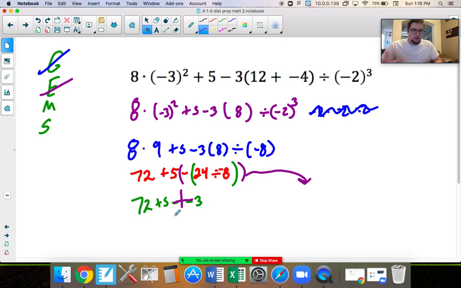Notice that it's the same exact answer. This one, we just have to remember to keep both of our symbols, which can be a little bit harder, it's kind of the technicalities of math, those things that you just kind of have to keep track of. So either way, we're all addition, so 72 plus 5 is 77, plus 3 gives us 80.